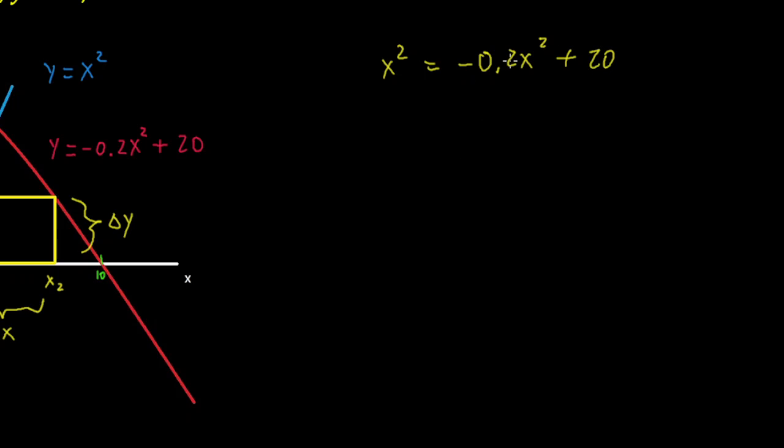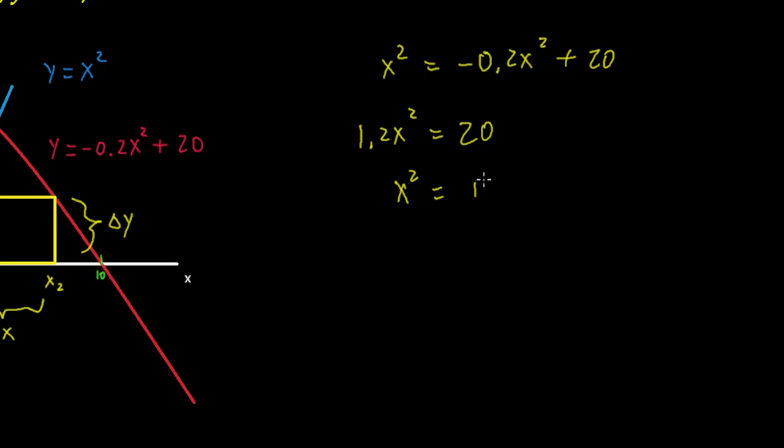If you move the negative 0.2 x squared to the right side, you add 0.2 x squared. So it's 1.2 x squared equals 20. Now, x squared is equal to 20 divided by 1.2.